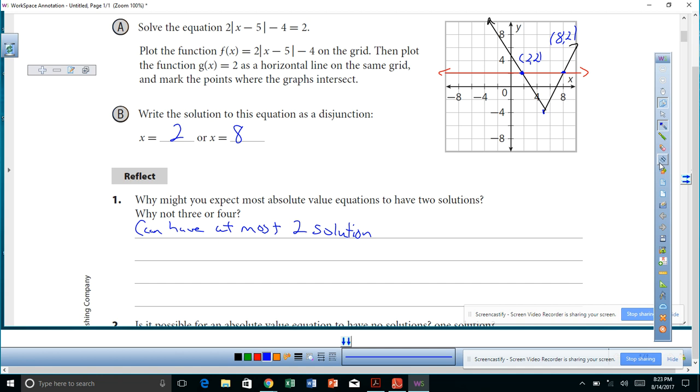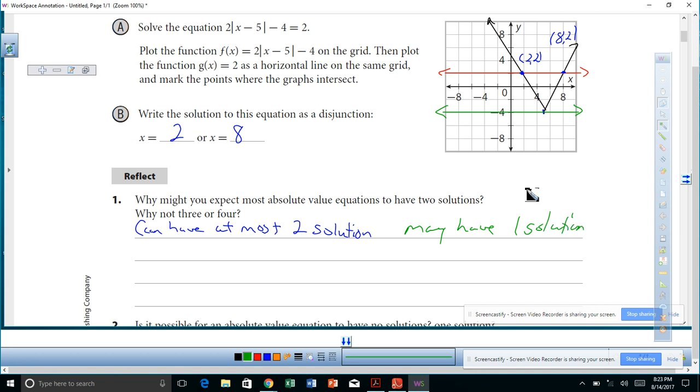Now it could have one, and that might look something like this right here. So it could have one solution if it hits the vertex, can have at most two solutions, may have one solution.